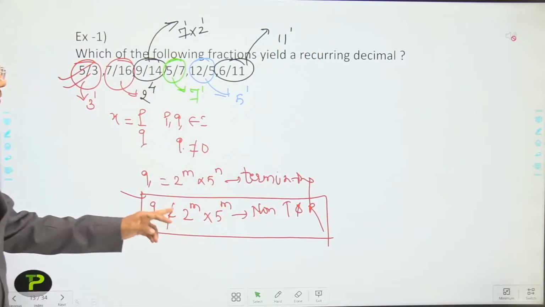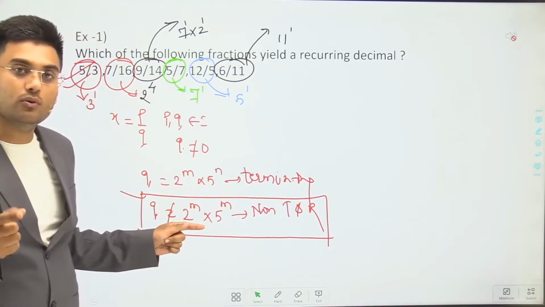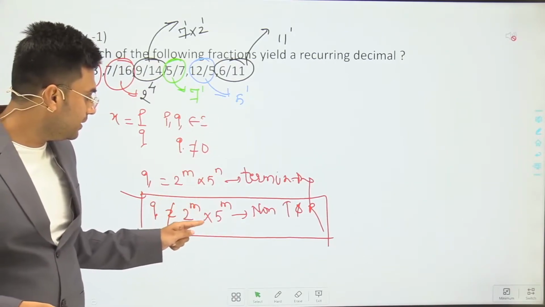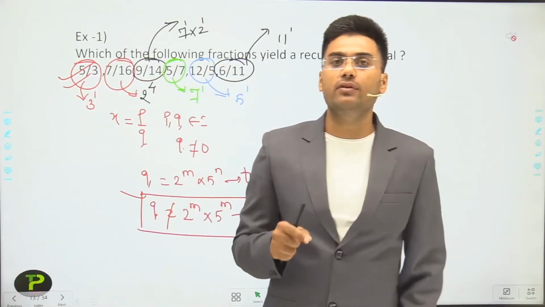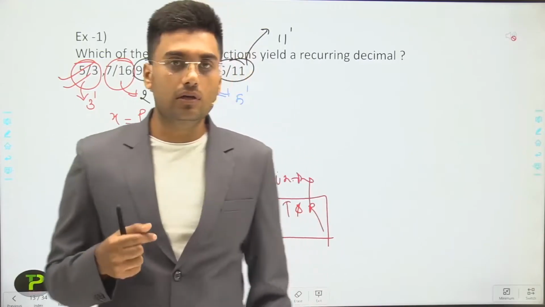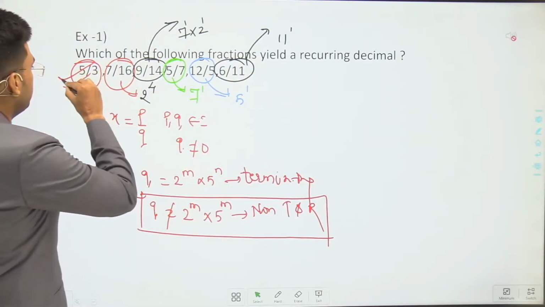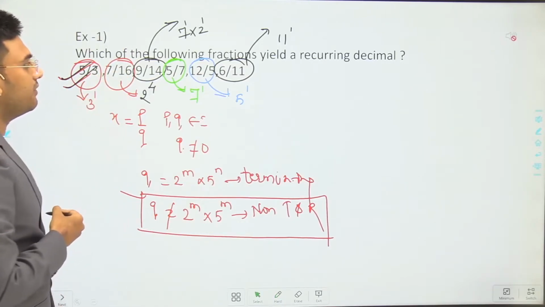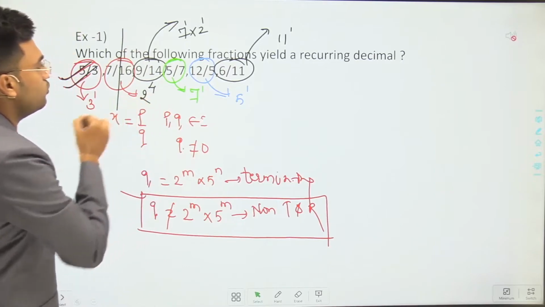We require that the form should not be 2 power m into 5 power n. So we can say that in the denominator 2 and 5 are not required. Some of these follow our requirement, but 7 by 16 does not because it has 2 power 4.